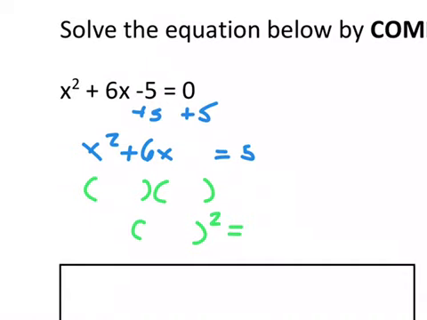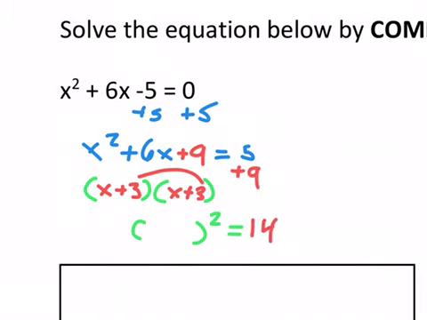That way we can simplify it down to being that factor squared. So if this has to be the same thing twice, I know that these numbers have to add together to give me 6, and they have to be the same. So that's really just thinking 6 divided by 2, which is positive 3 and positive 3. If I multiply 3 times 3, that means there's going to be a positive 9 there. And I need to add that to both sides to stay balanced. Now we can factor x plus 3 times x plus 3 to x plus 3 squared.